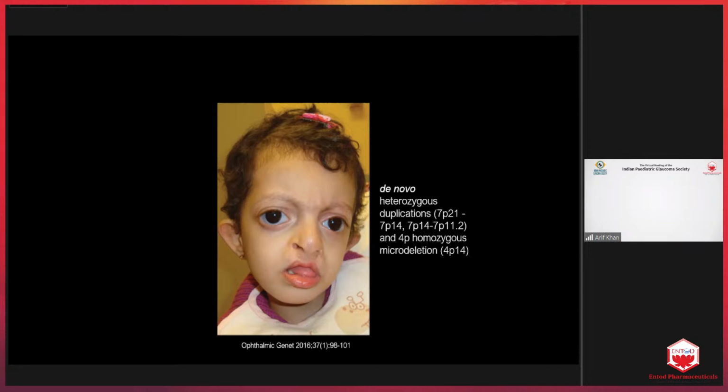The findings of such analysis in this child are listed here. What's useful is looking at the genes that are in these abnormal regions to know what the child could be at risk for, and also to further research into causes of congenital glaucoma.